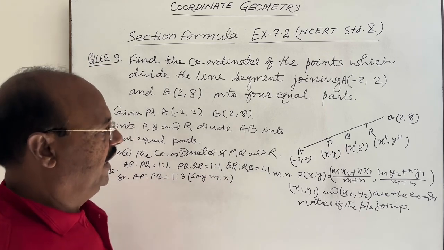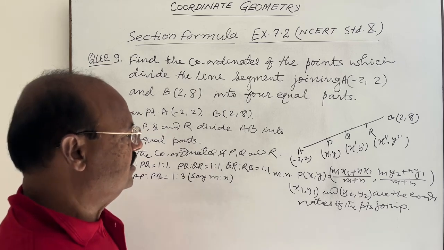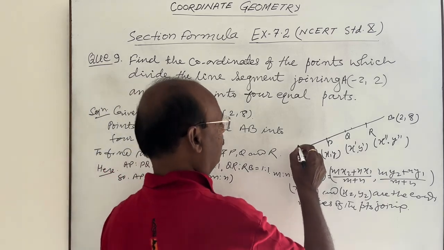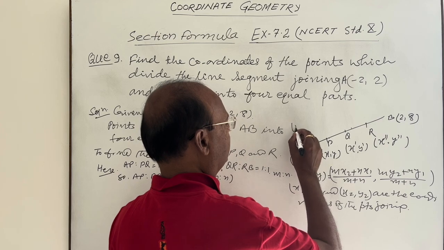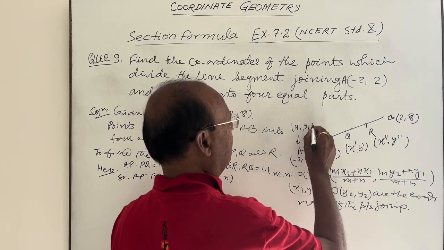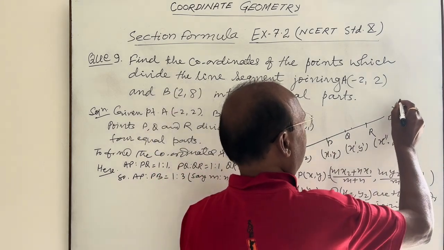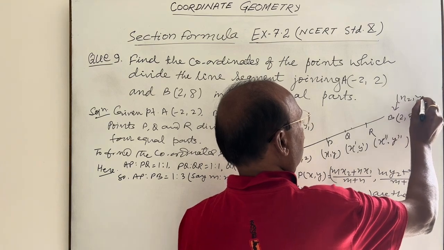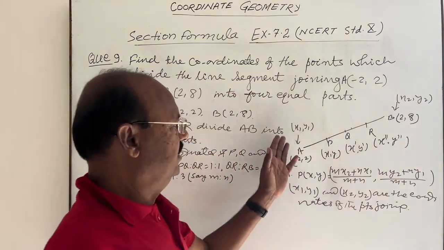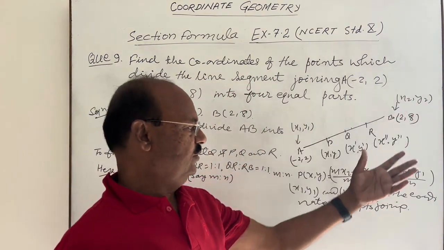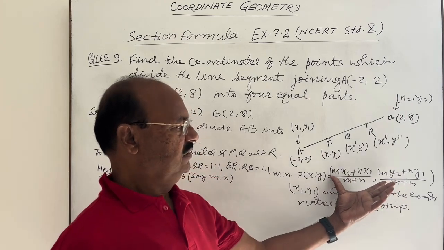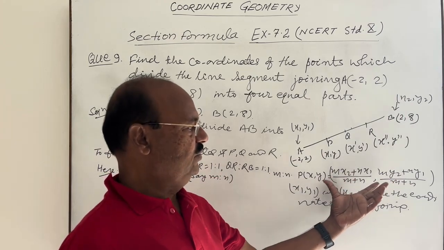For the sake of convenience, let us suppose that the coordinates of A are x1, y1, and the coordinates of B are x2, y2. We are taking these coordinates to make it convenient for using this formula.